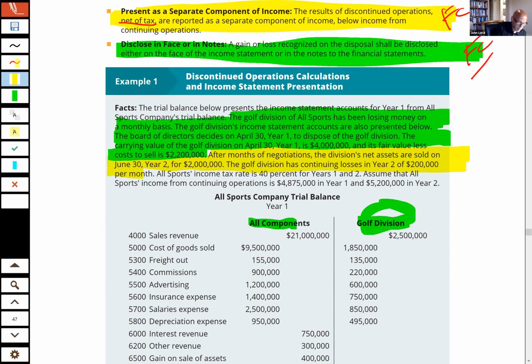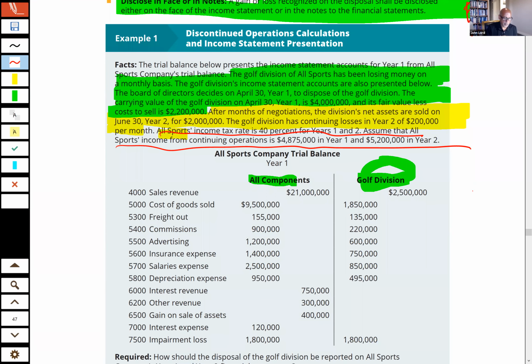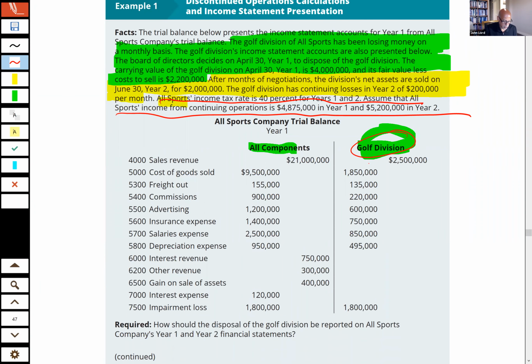They give us the income tax rate because we are going to have to report this stuff net of tax, and assume All Sports income from continuing operations is $487.52. Now look, guys, I don't care about the continuing operations part. All I care about is how we're going to handle the golf division. I'm staying focused on the fact that we're talking about the discontinued operations here.